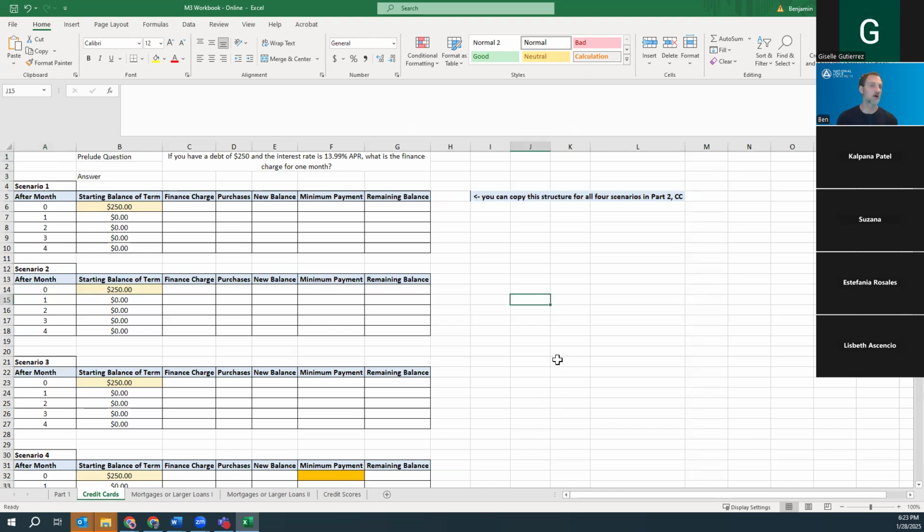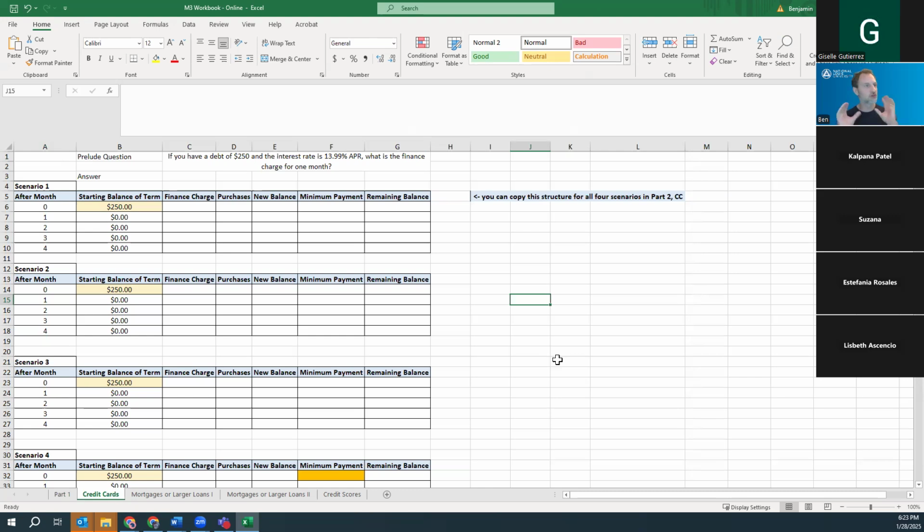So we did a little credit card exercise in module 2. It was based on a statement, and we looked at some things, and now we're going to start using Excel and autofill in order to construct payoff scenarios. The first 3 scenarios, we're not going to go all the way to paying it off.